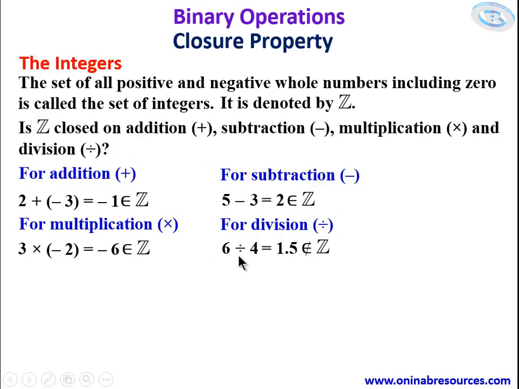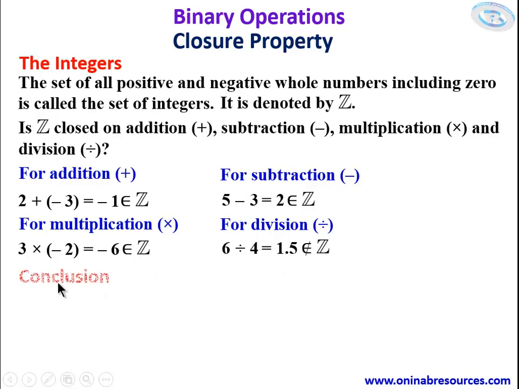For your information, there is a restriction to this. If the divisor is a factor of the dividend, then the quotient will automatically be an integer. So we need to verify with as many numbers as possible, and your choice of numbers must be carefully selected so that you do not keep picking the divisor to be a factor of the dividend, which will give the quotient as an integer.